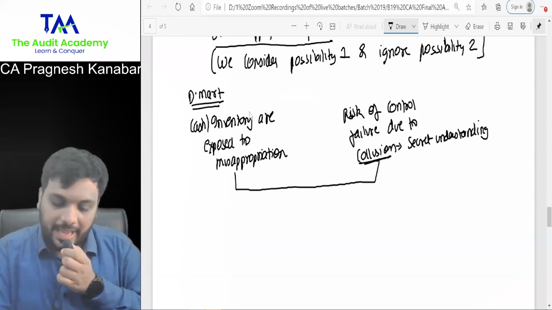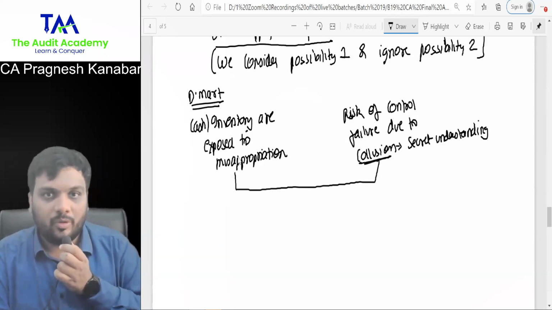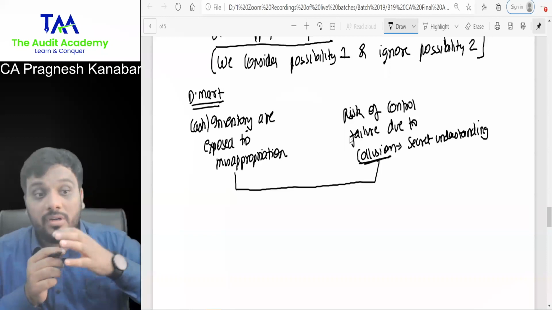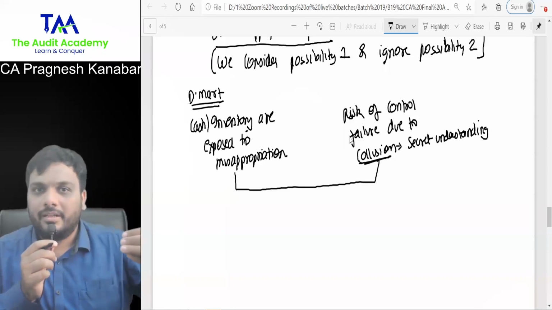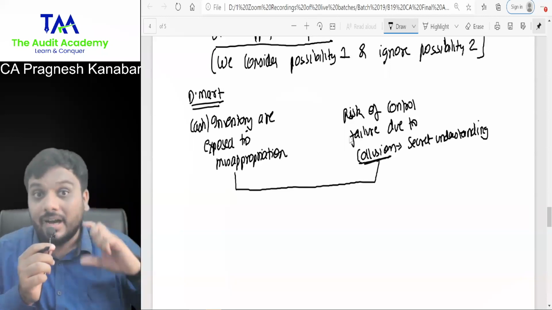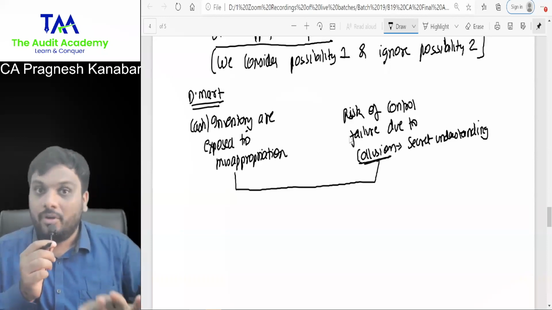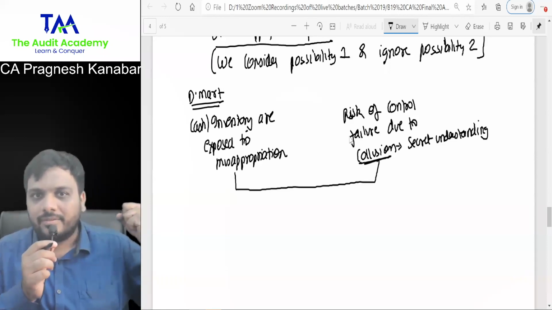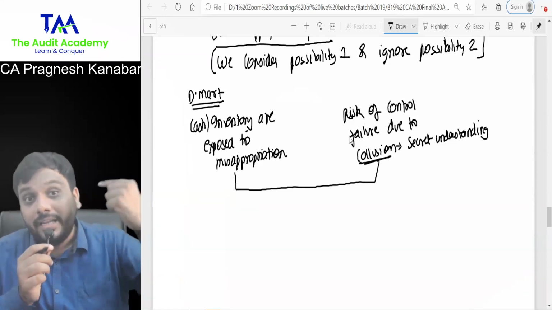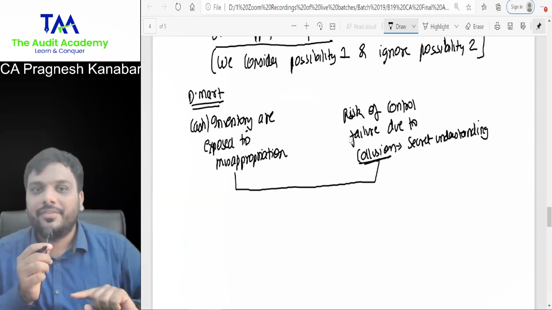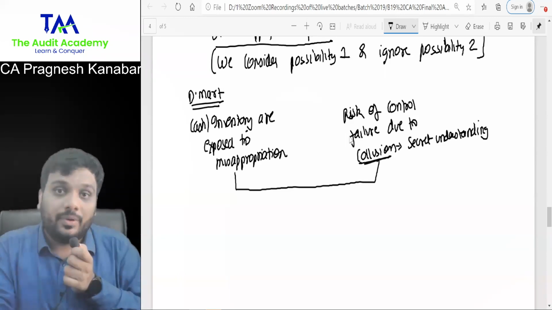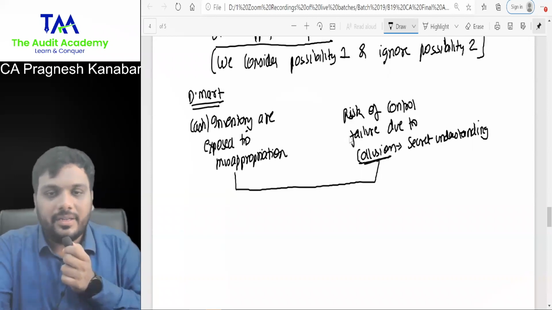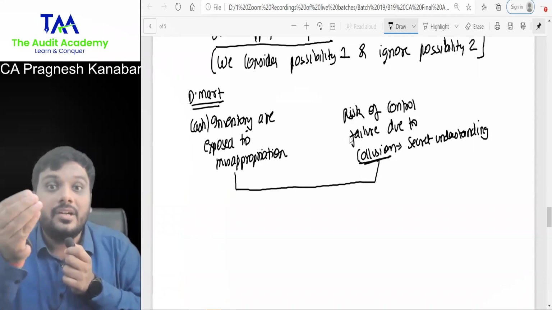See, if cash and inventory are exposed to misappropriation, but if the control does not fail, then finally in the accounts, there won't be a misstatement because the control will catch it. So when will the financial statement be materially misstated? When two things happen at once, when cash and inventory are exposed to misappropriation and control also fails.